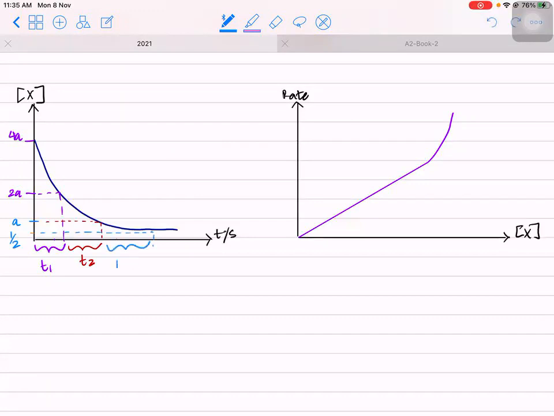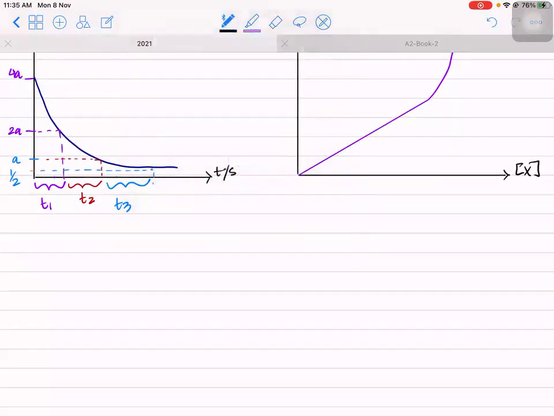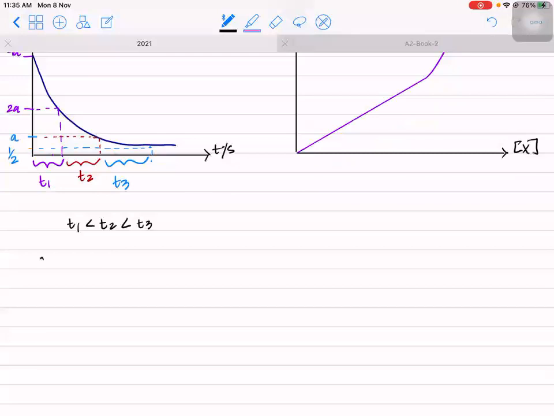What is happening here? Do you see successive half-lives are increasing? T1 is less than T2, which is less than T3. So if successive half-lives increase, that means the rate is second order with respect to that reactant.